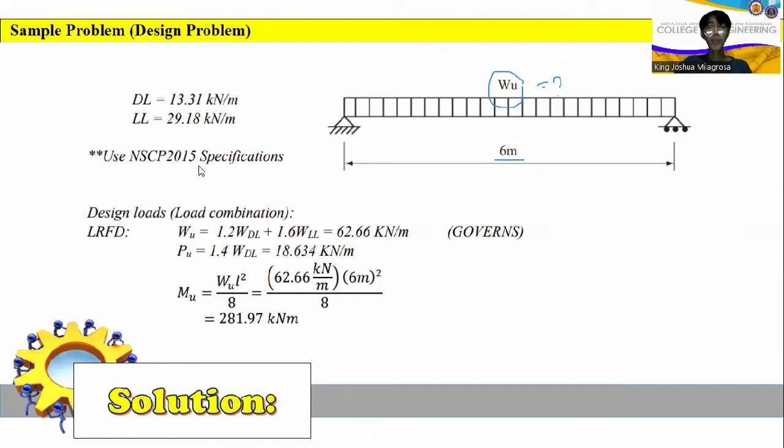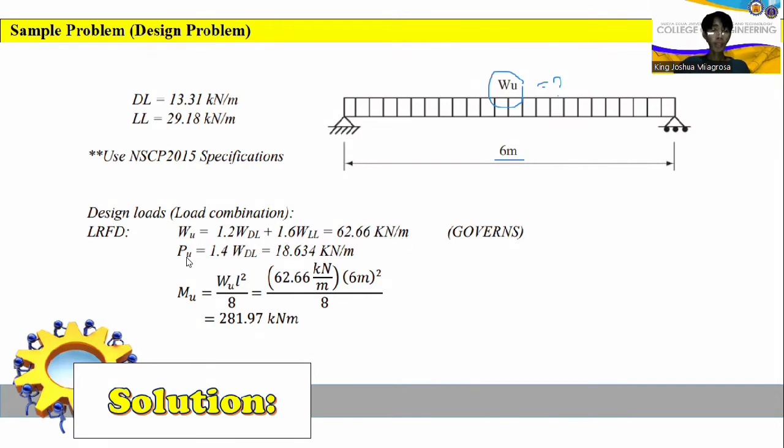So using NSCP 2015 specification, kunin muna natin yung WU. So using LRFD, yung WU natin or yung ultimate uniform distributed load natin is equal to 1.2 multiplied by the dead load plus 1.6 multiplied by the live load. So equal siya sa 62.66 kilonewton per meter.